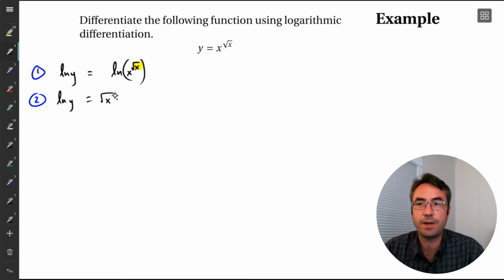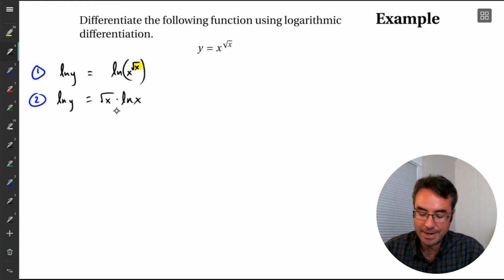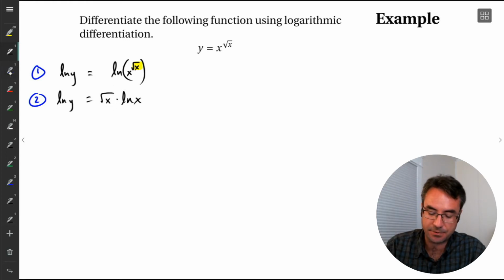So we get square root x times the natural log of x. And that's it. We can't simplify this anymore with our log properties. So as it is, this is nice because it gets that variable term out of our exponent. Becomes multiplication, but at least it's out of the exponent. And so now we're ready for our implicit differentiation.